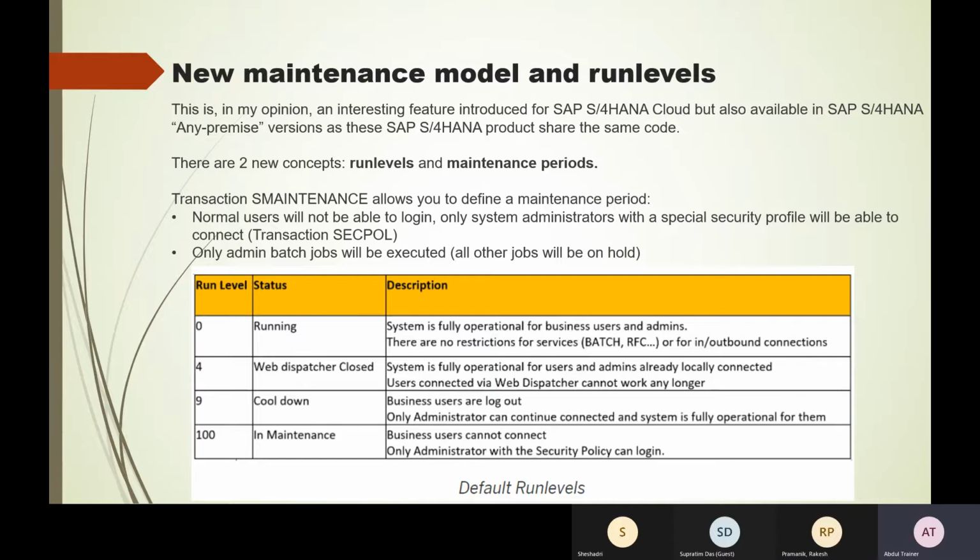Only the administrator can log in to client 000, and if any other user tries to log into the productive clients, they will get a message that the system is under maintenance. So you can set it through the maintenance T-code.